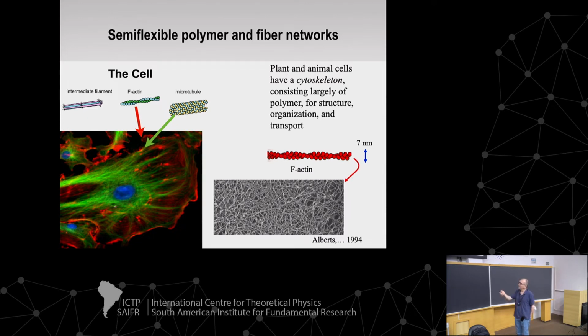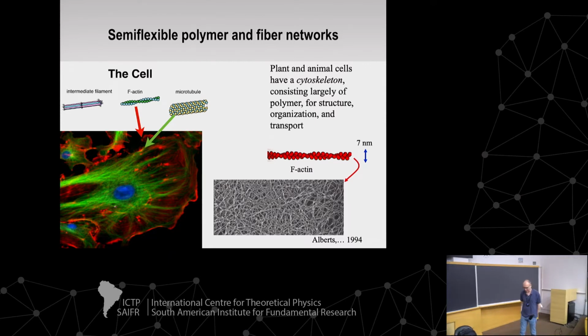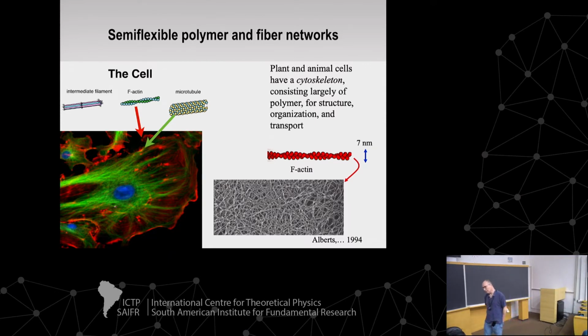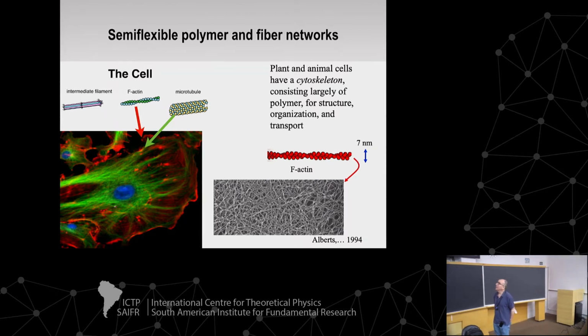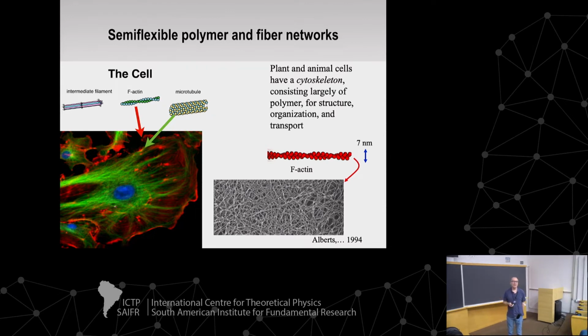But already inside individual cells, so this is just a, I guess it's not attributed, but this is the kind of thing you'll see on Wikipedia. I think that image is taken from Wikipedia. It's, I think, an epithelial cell, but I'm sure someone who knows more about the biology could correct me on that. But it's a typical, not particularly specialized cell, and in particular, not a muscle cell.